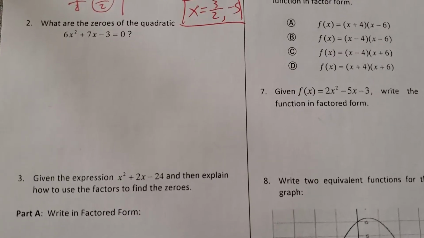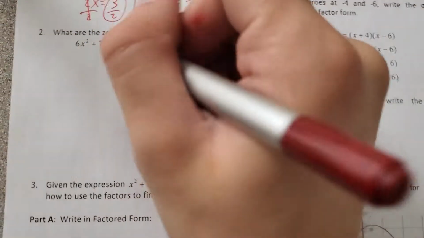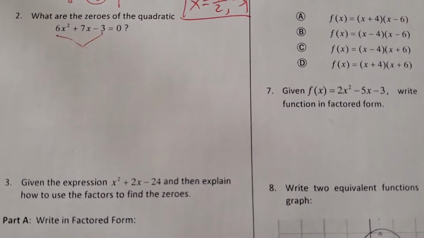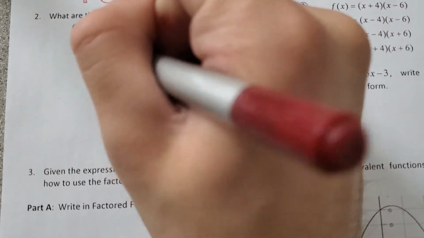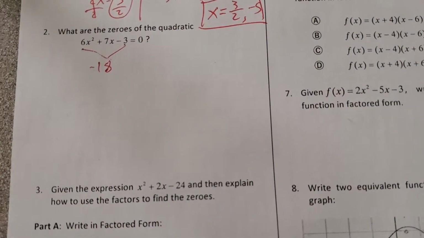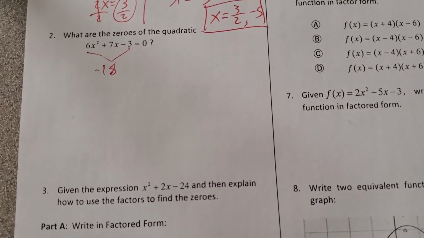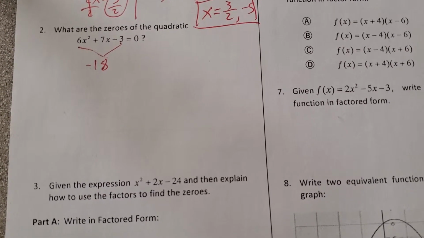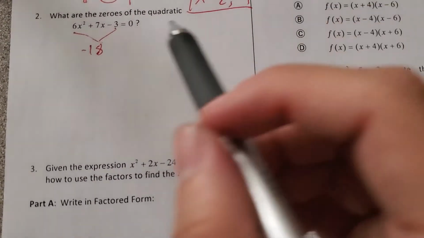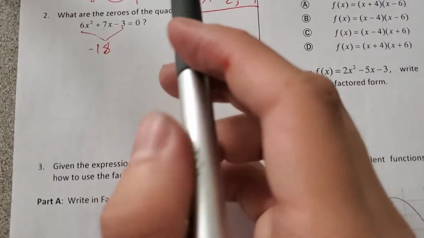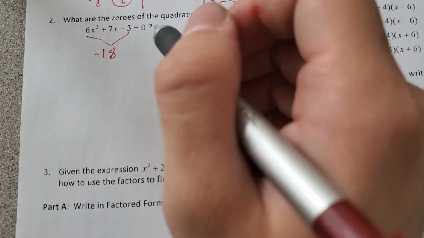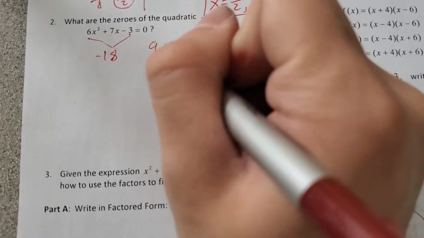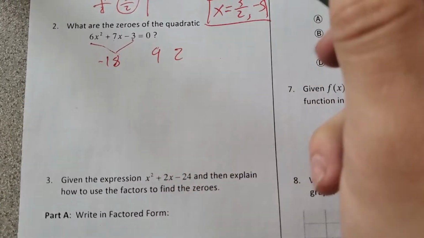Pretty much what you're gonna do first is multiply the -3 and the 6. -3 times 6 gives you -18. After you get the -18, now you have to look for two numbers that will multiply together to give you -18, and when added give you a +7. So two numbers I can think of, 9 times 2. 9 times 2 definitely gives you 18.